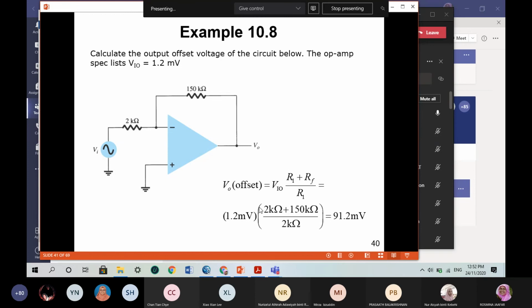So you plug in the values. The VO offset should be 91.2 millivolts. If you don't apply a correction, you will see an offset of 91.2 millivolts, because VIO is 1.2 millivolts.